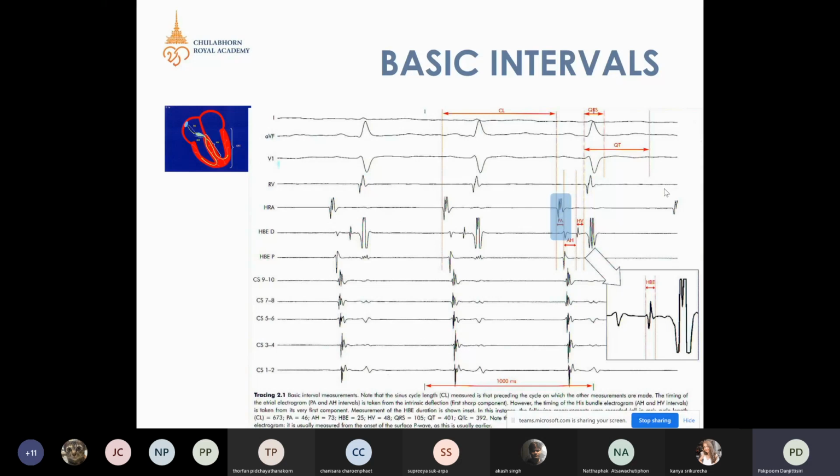How to measure it? The PA interval measures the activity starting from the SA node, or the originating electrical impulses, which then spread out throughout both the right atrium and left atrium to cause atrial depolarization.